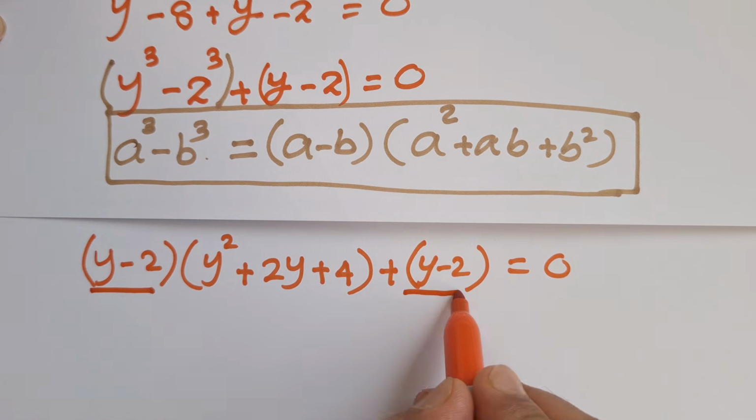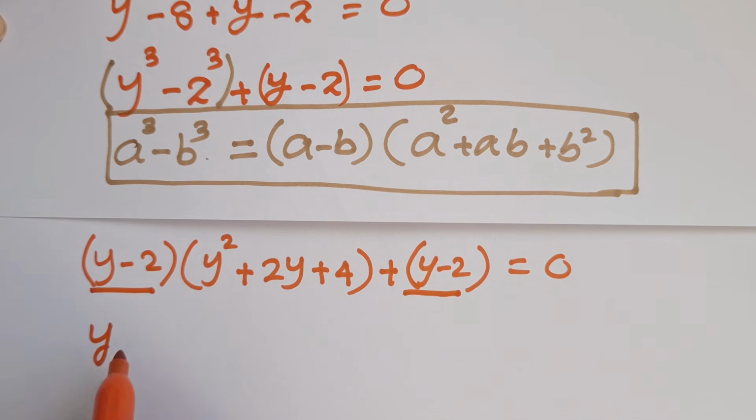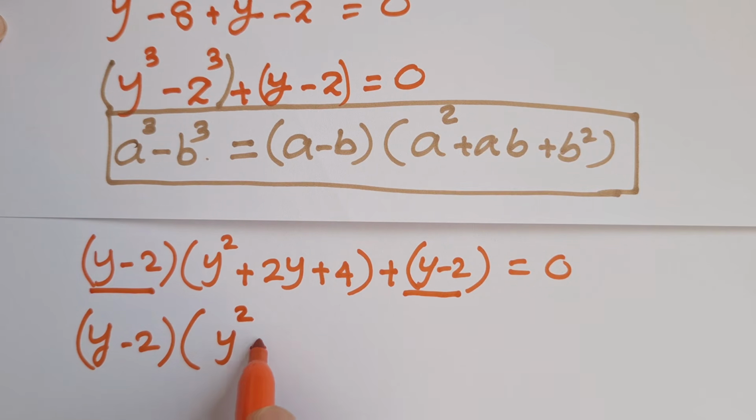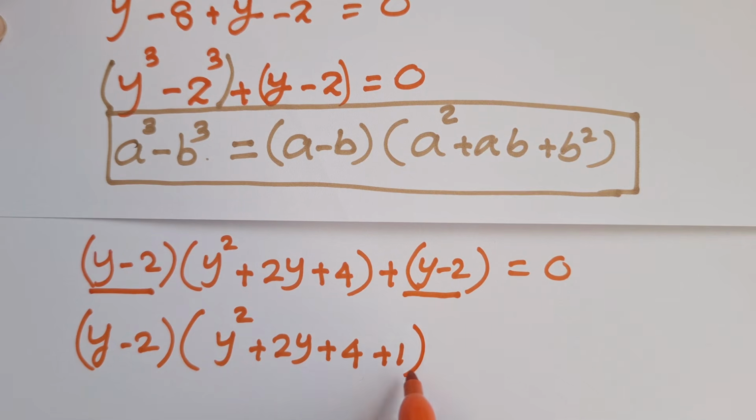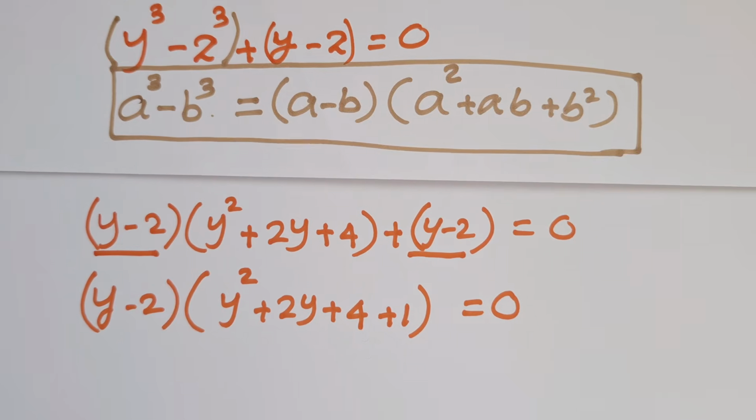So if you take out the common factor y minus 2 out of the equation, then we have y square plus 2 times y plus 1. Here we have plus 1 again inside the parenthesis is equal to 0.